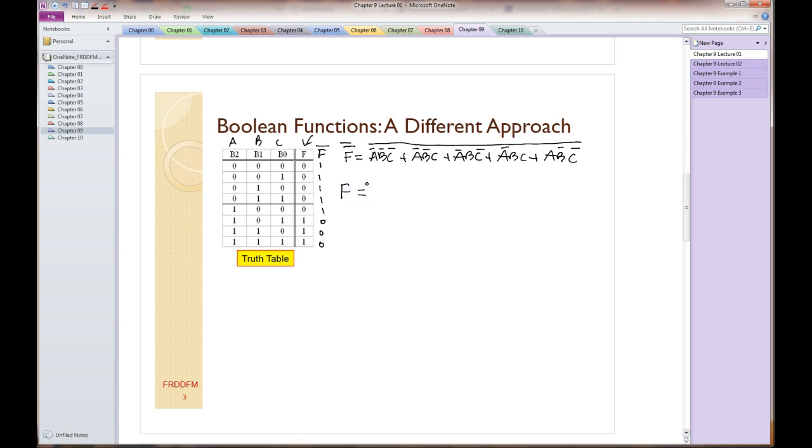Okay, so now I'm at the point where I want to apply De Morgan's theorem, and so it's going to be a couple different approaches. What I need to do is take this overbar down and distribute it between all these terms. So we'll do that. I'm going to do this quick again.